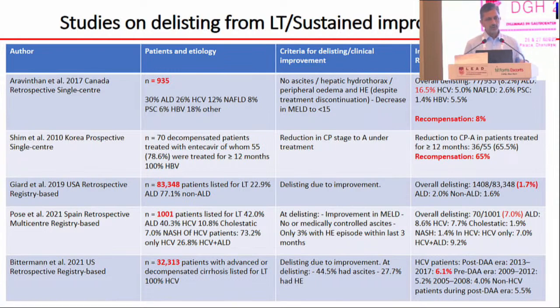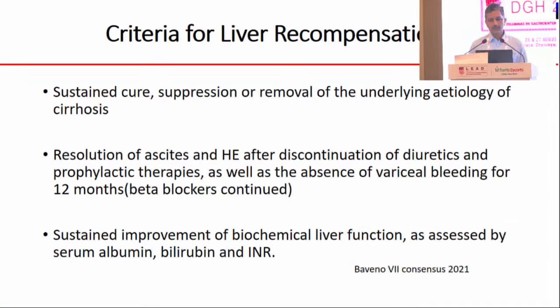Thinking on that, Baveno VII came up in 2021 with some criteria, which are not perfect in themselves, for what is called liver recompensation. Liver recompensation means, first, sustained cure, suppression or removal of the underlying etiology of the cirrhosis. Second, the patient should have resolution of ascites and hepatic encephalopathy after discontinuation of diuretics and prophylactic therapies for HE.